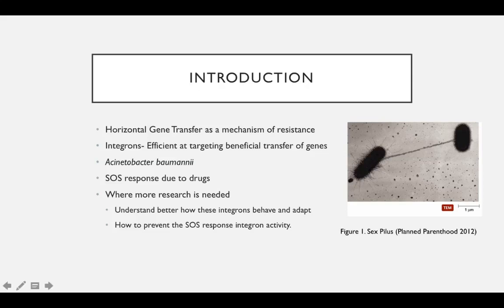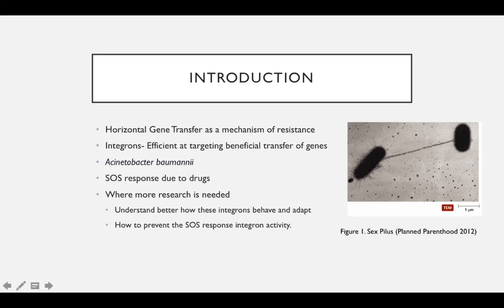Interestingly enough, though, drugs, being antibiotics, are actually causing an SOS response in these bacterium or in these colonies that might be promoting the resistance itself. We're going to go over that a little bit more in detail. But certainly more research is needed to understand these integrons, how they behave, how they adapt, how they evolve, and also how to prevent this SOS response.